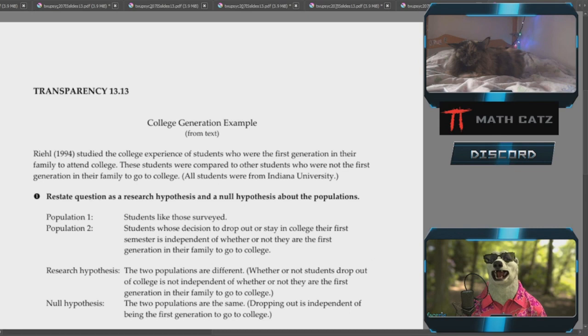Let's have another example just to emphasize what is different and also what is the same as the first chi-squared version.